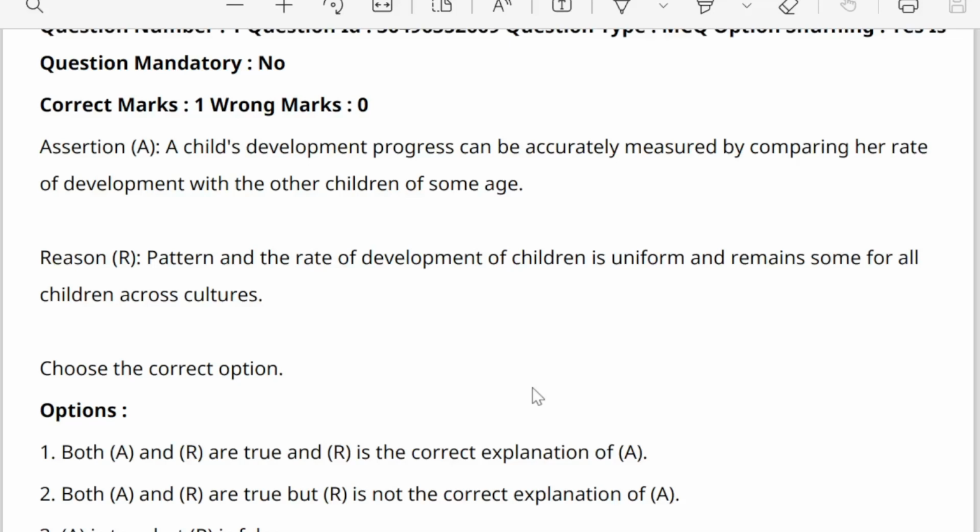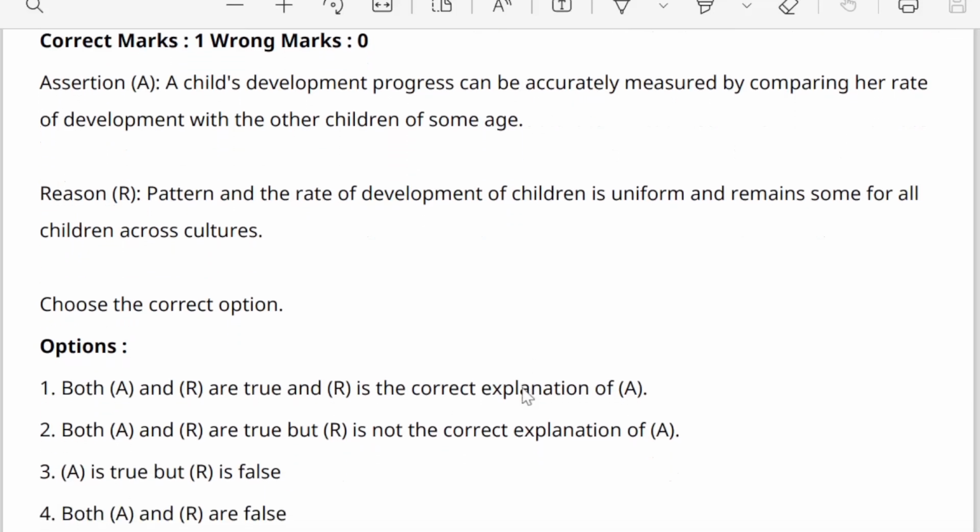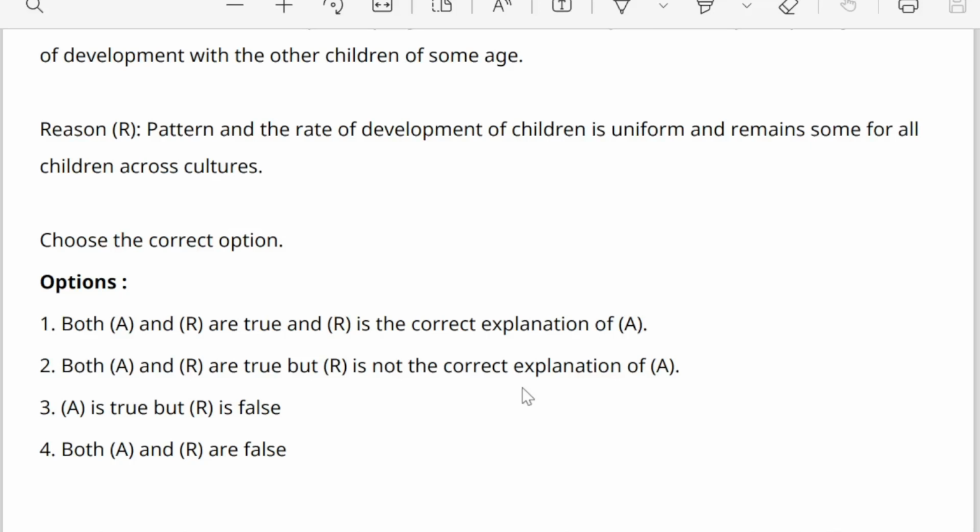No, it can be approximately measured. Accurately, you may not be able to measure that. So this assertion is false. Patterns and rate of development of children is uniform and remains the same for children across all cultures. This is a totally false statement. So since both A and R are false, we have option 4 as the answer.